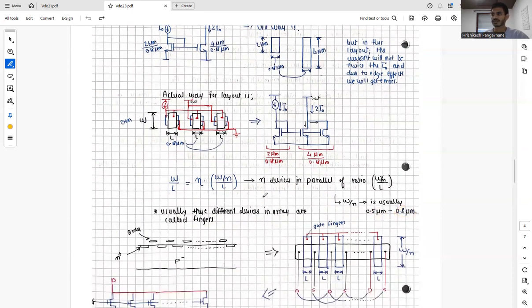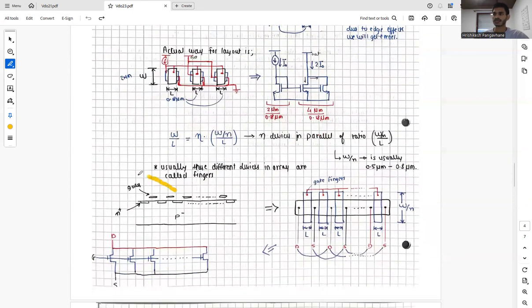These different devices in an array are called gate fingers, and we can realize them in such a manner where we have our dopants, and we have our gates like this in an n number array. And if we look at the top view, we have our channel like this, and we lay our gates, or our gate fingers, in such a manner.